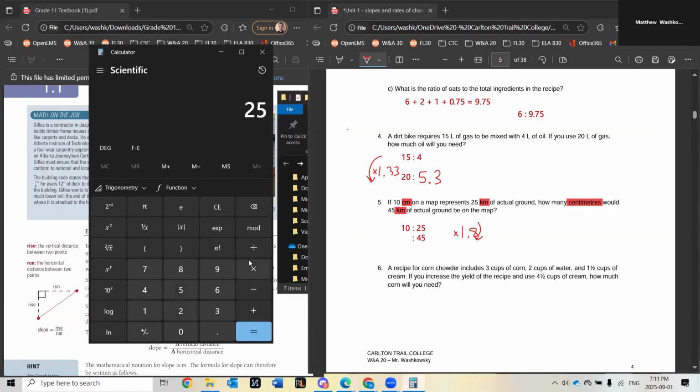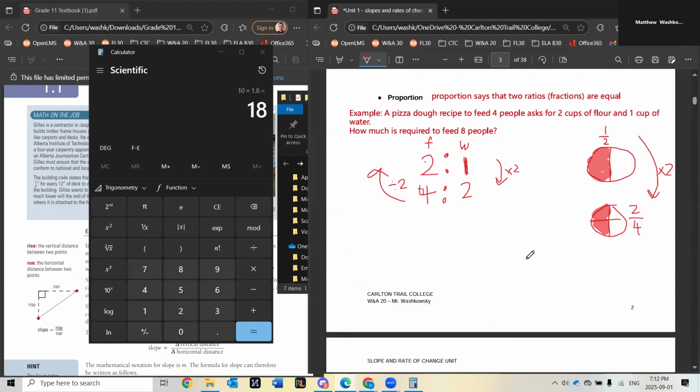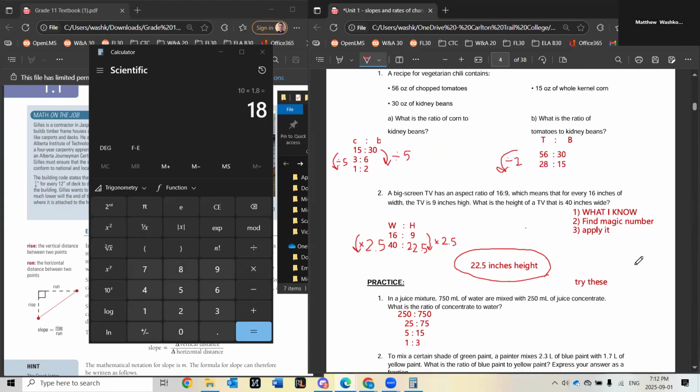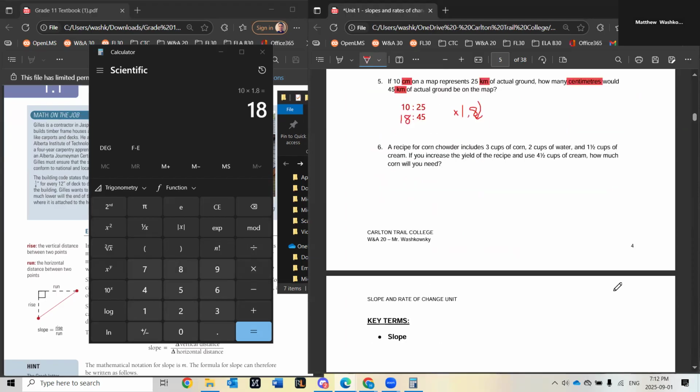So 25 times 1.8 gives me 45. Yep, it works, which means 10 times 1.8 gives me 18 centimeters. So it gives me the correct proportion, right? Just like how we multiplied a half to 2/4. It is the same concept, just harder numbers, okay?